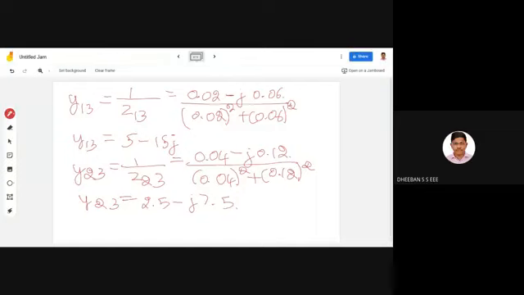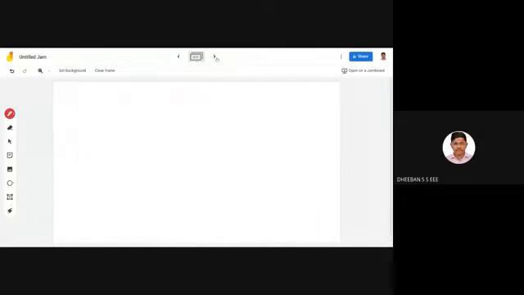Now we'll be moving towards your y bus. How can you form your y bus and what are the elements of your y bus? Your y bus will be equal to, here n is equal to 3, that is the total number of buses, so you will be getting a 3 cross 3 matrix.